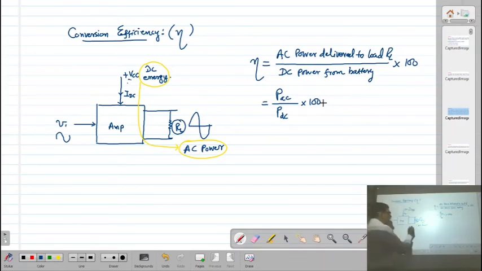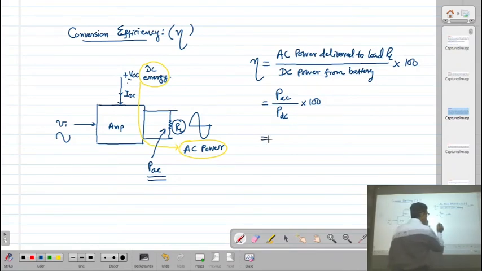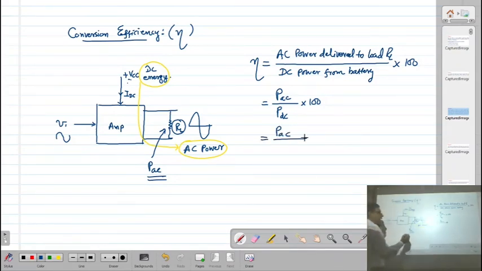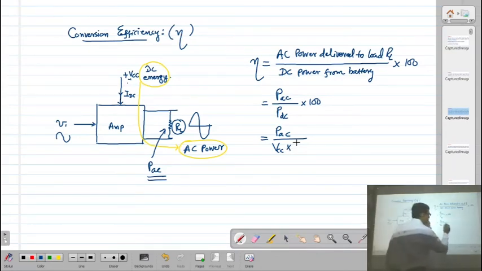So we have to measure what is the AC power in the load and what is the DC power. PAC divided by PDC; if I want to calculate PDC, I know that my supply voltage is VCC and the current drawn by the amplifier circuit is IDC.